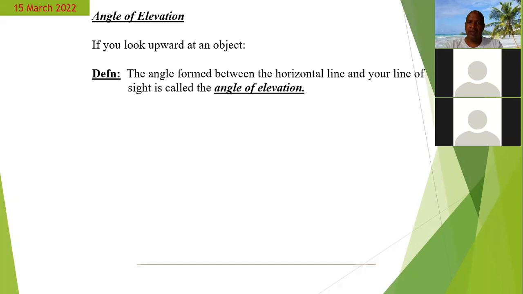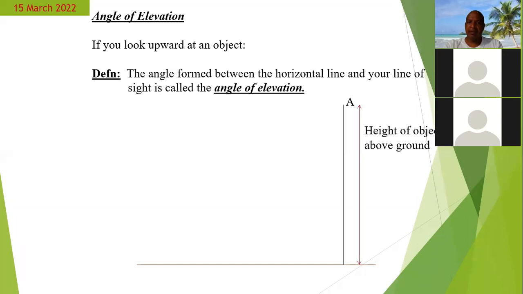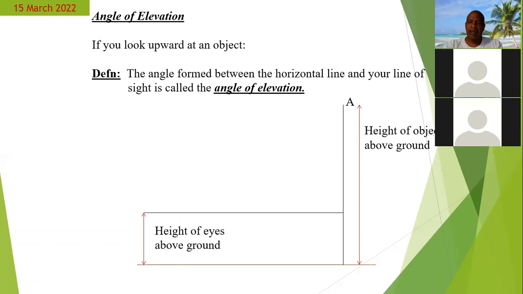All right, so just to give you an idea, here we have a diagram illustrating just what we are saying. Now we have the eyes above the ground, referring to this red line, the shorter red line with the arrow points from the ground level.